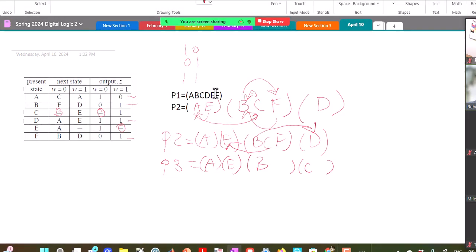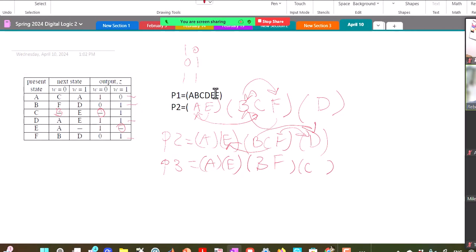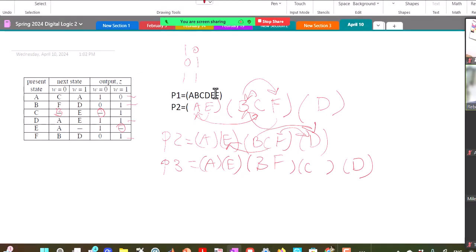And F goes to D, which is the same place B went to, so we can keep those together. So now we can see that we didn't do a whole lot here. The only two that we've managed to keep together are B and F, and now I'll just double check and make sure that they are going to the same place.